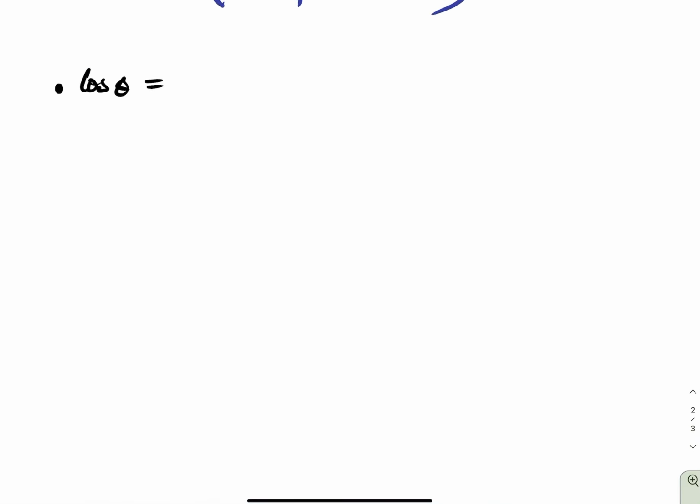So this is going to be negative 3 square root of 2 divided by 6. And you can still simplify here to say cos of theta is going to be equal to negative root 2 over 2. Now, you're going to check where cos is negative.